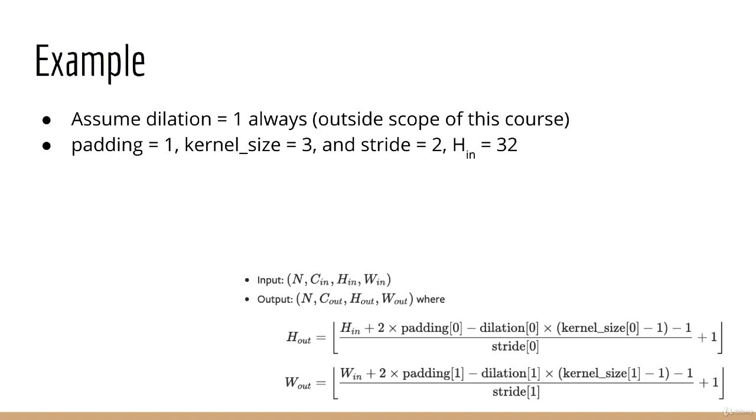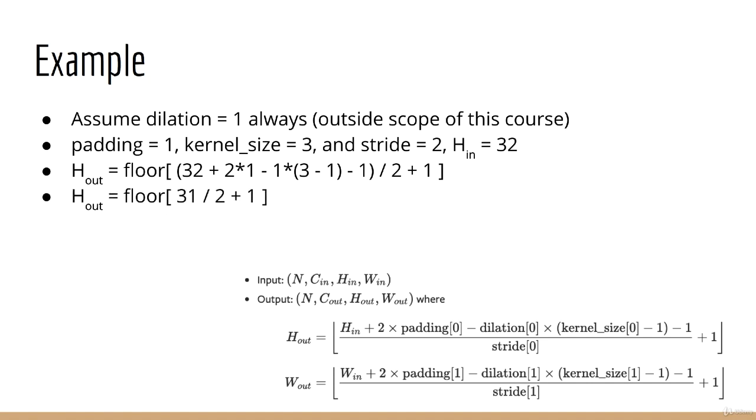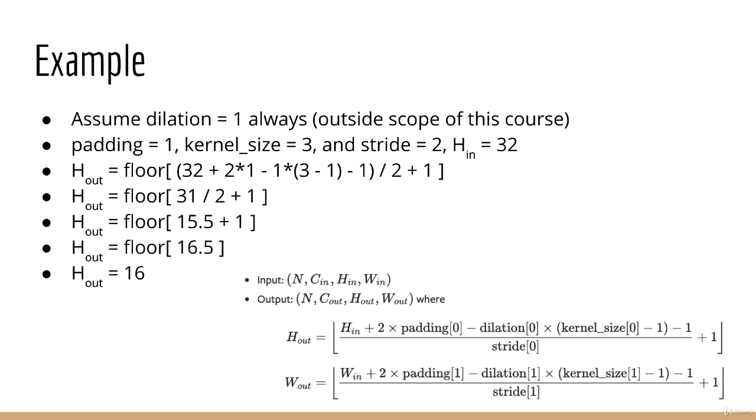If we plug these values into our formula, we get 32 plus 2 times 1, minus 1 times 3 minus 1, minus 1, all divided by 2. Then we plus 1 and then take the floor. So that gives us 31 over 2 plus 1, which is 15.5 plus 1, which is 16.5. Then we take the floor of 16.5 and we get 16. So h out equals 16.